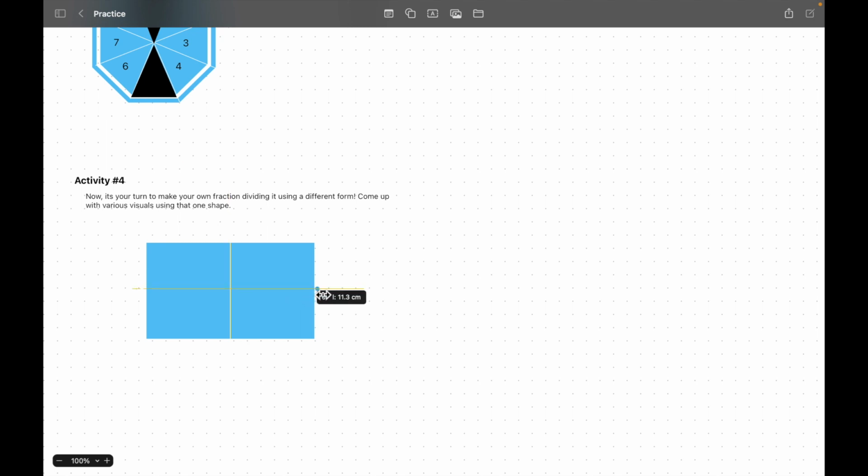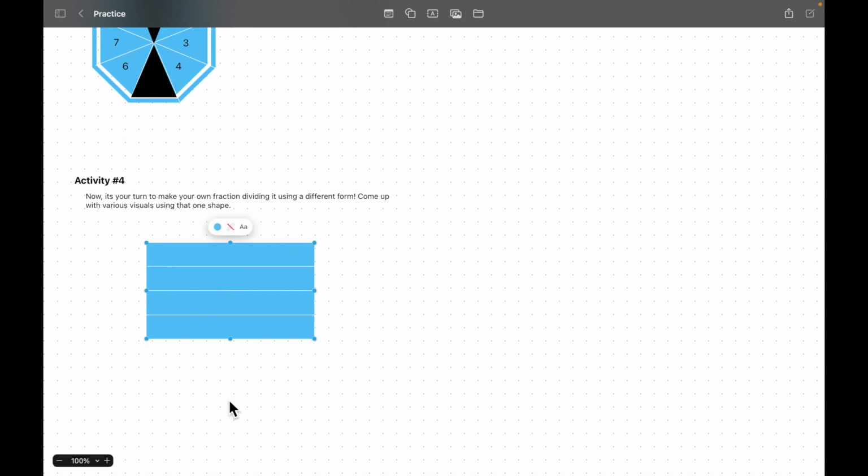And of course, we can implement it in a different way, as shown here. Our last method for dividing this rectangle could be done horizontally.